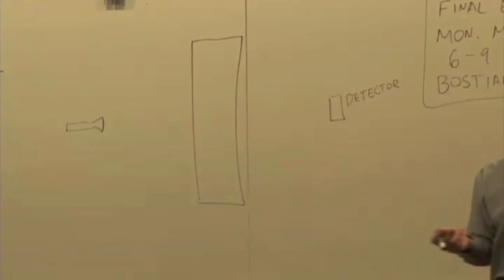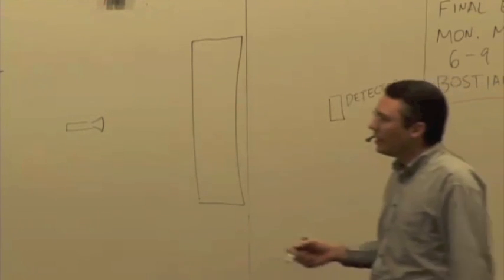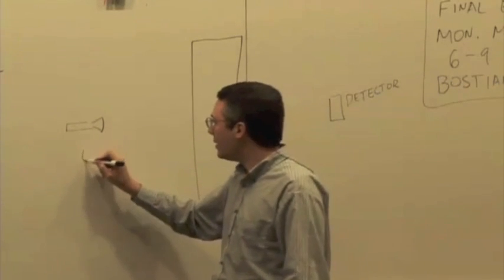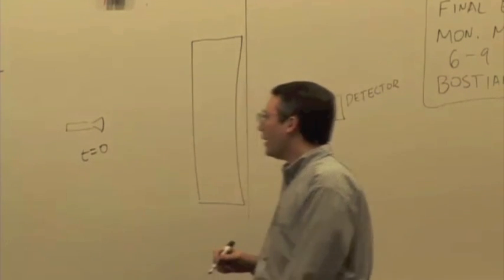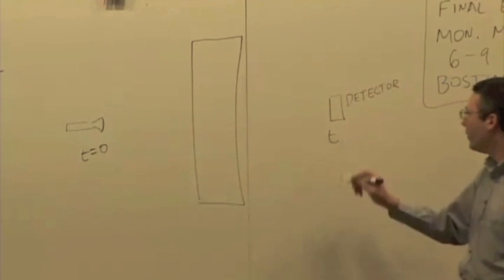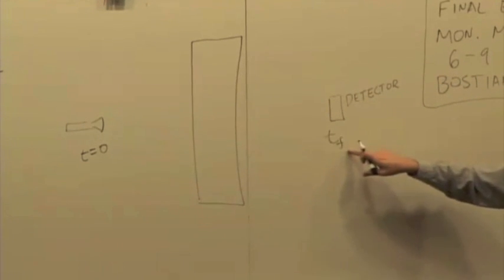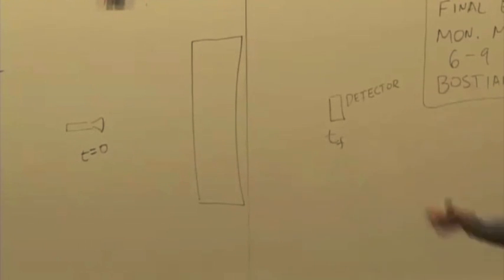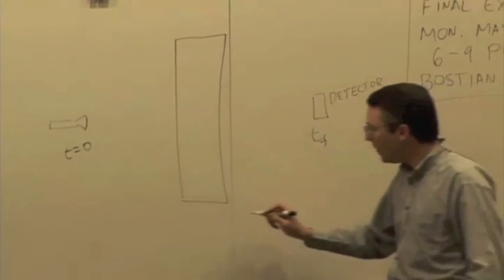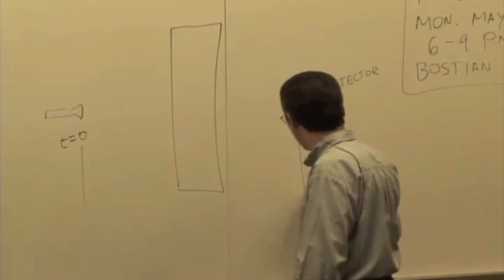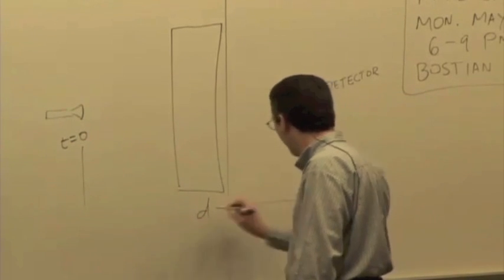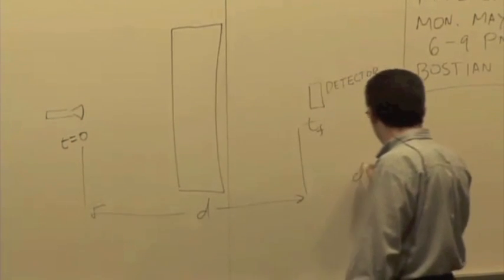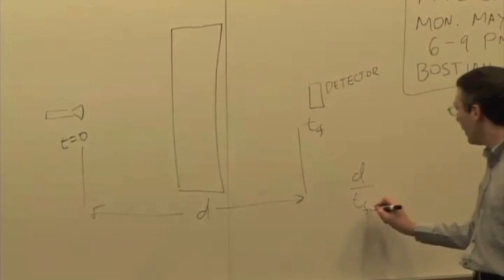There's really two ways to measure the speed of light. One is turn on the flashlight at t equals 0, and then measure the time when your detector actually measures light hitting it, and then the speed is going to be this total distance divided by that time.